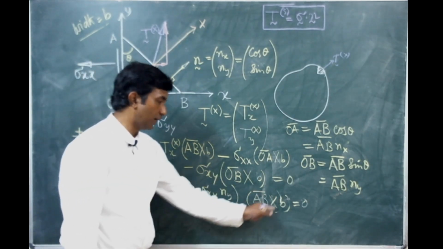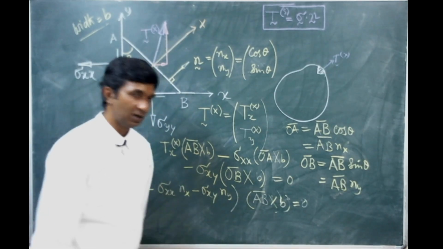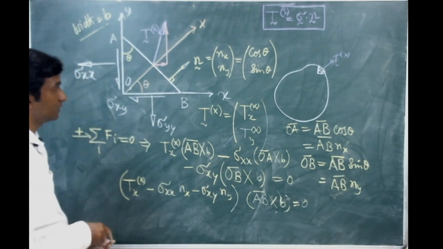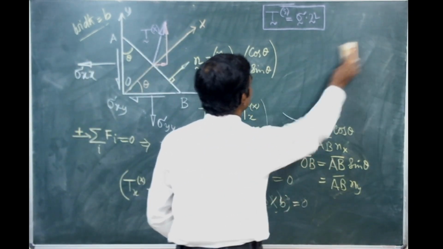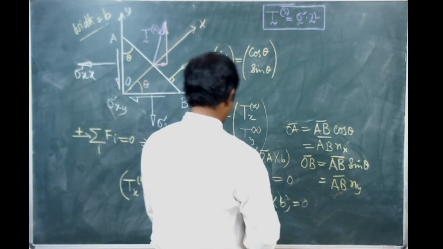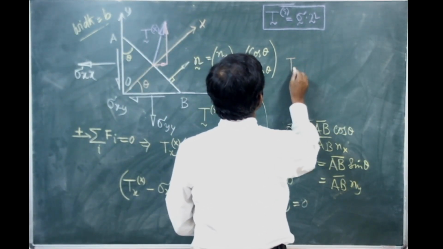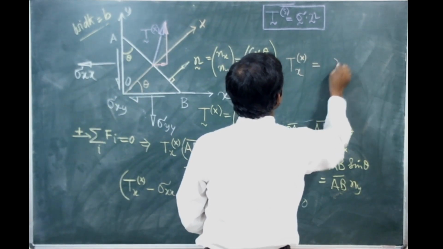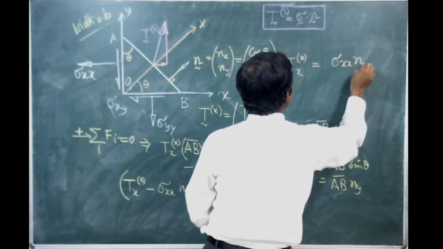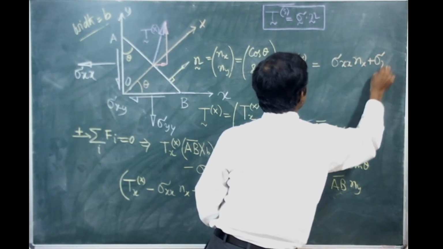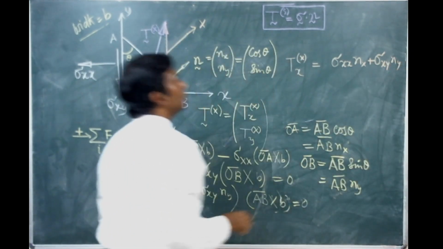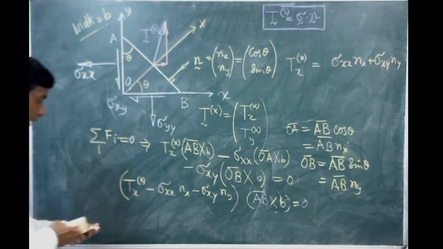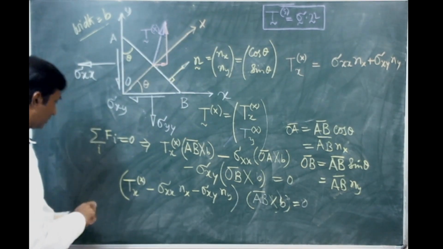Since it is different from 0, we divide this expression by the length AB times the width B, and we arrive at the expression T^X_x equals sigma xx nx plus sigma xy ny. So that we have got. Now we consider the equilibrium along the y direction.